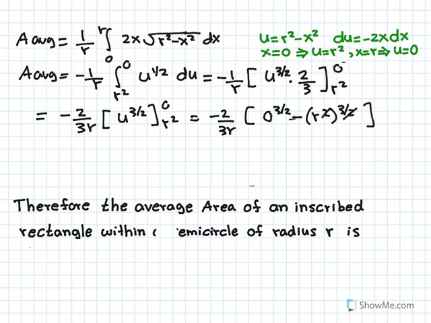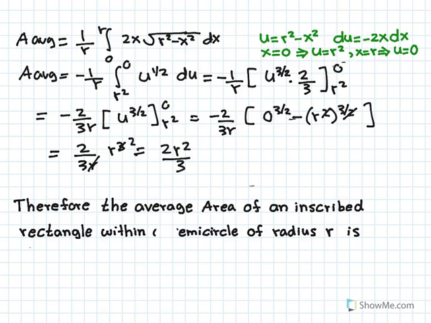The minus signs cancel, and what we get is plus 2 over 3r times r cubed. And if we simplify this, we're going to get 2r squared divided by 3.